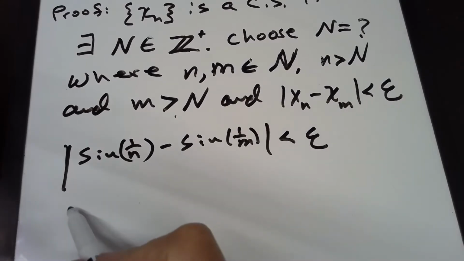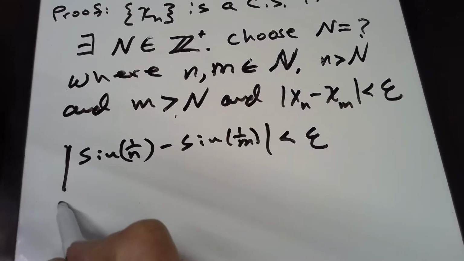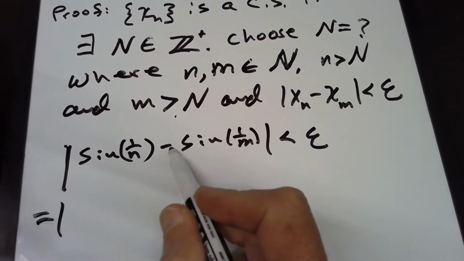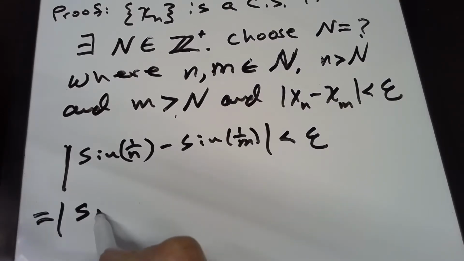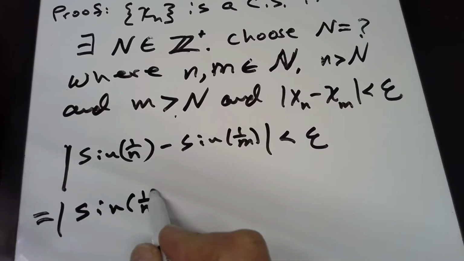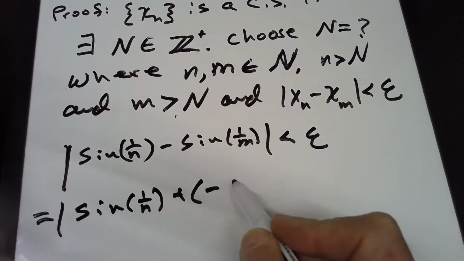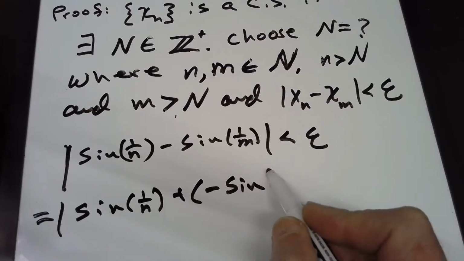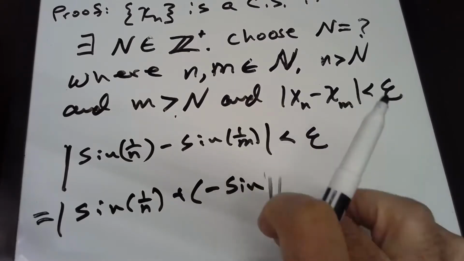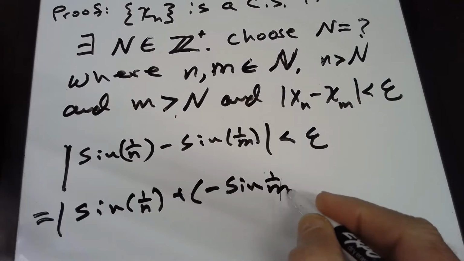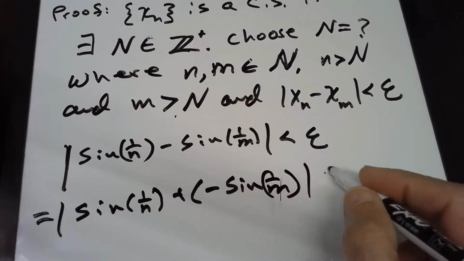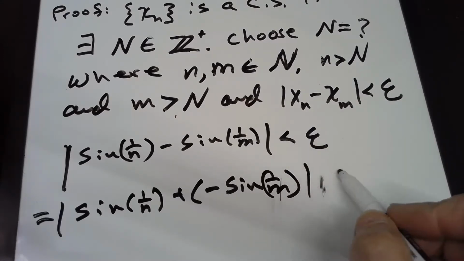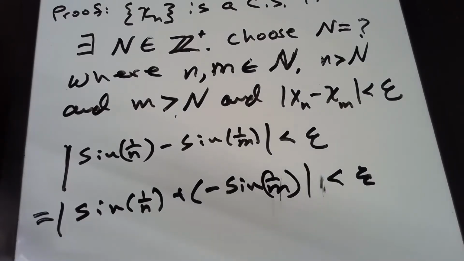So using the triangle inequality, first we're going to make that a plus, so that's going to be sine of 1 over n plus a negative sine of 1 over m, and so we know that's less than epsilon. Now we can split this using the triangle inequality.